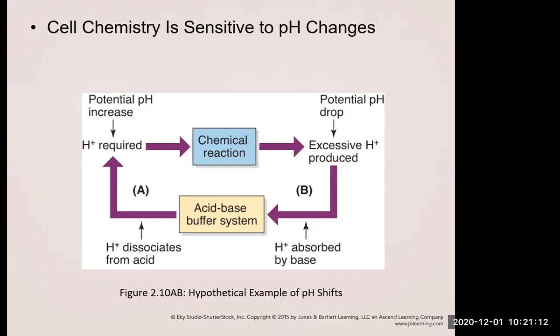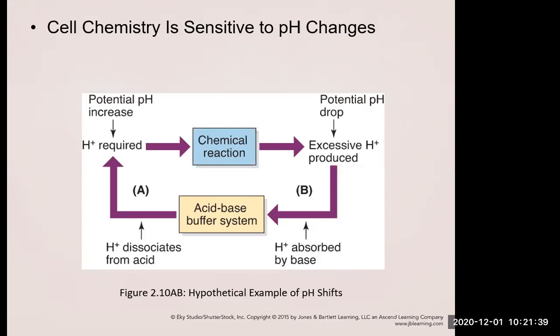So whenever we do experiments or, in our bodies, we have chemical reactions that take place, and we might end up with some more protons as a result, or some more hydroxide ions as a result. And that, as we just saw, can change the pH. Well, our cells, our DNA, proteins are sensitive to pH. So if we have these wild fluctuations, that's going to throw off our biochemical processes.